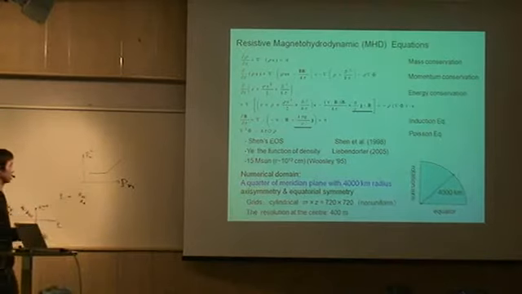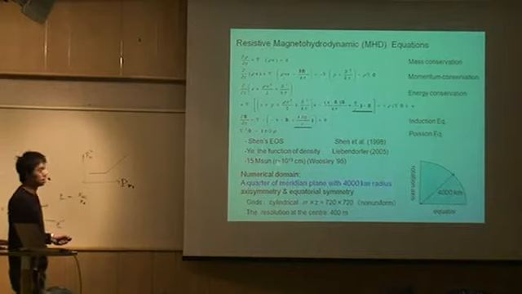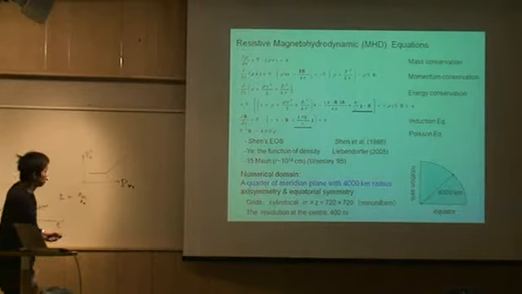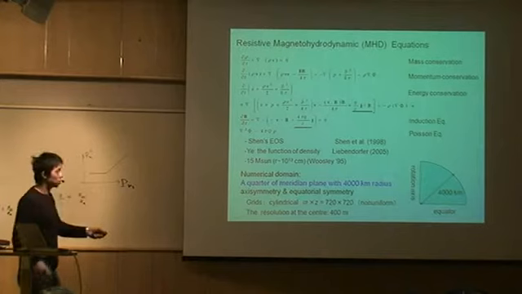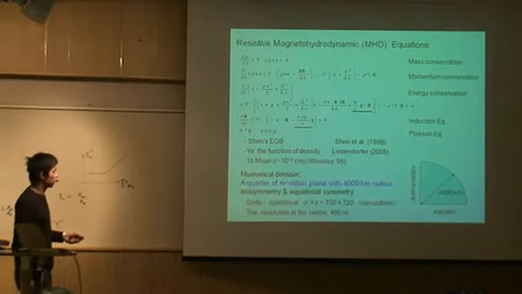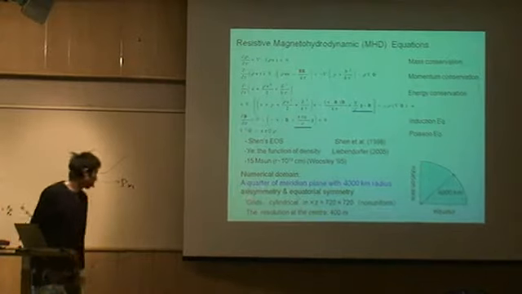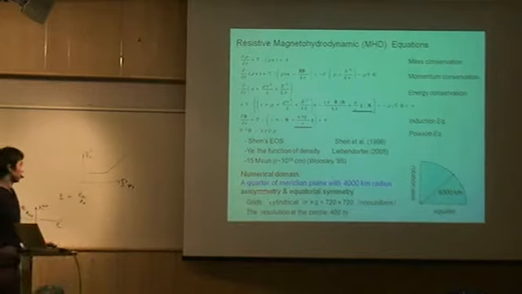The progenitor of the supernova is a 15 solar mass star with 10 to the 13 centimeters radius. The numerical domain is the central 4,000 kilometer core. We solve only a quarter of the meridian plane, where axisymmetry and equatorial symmetry are assumed. The grids are in spherical or cylindrical coordinates, and these are the mesh numbers.